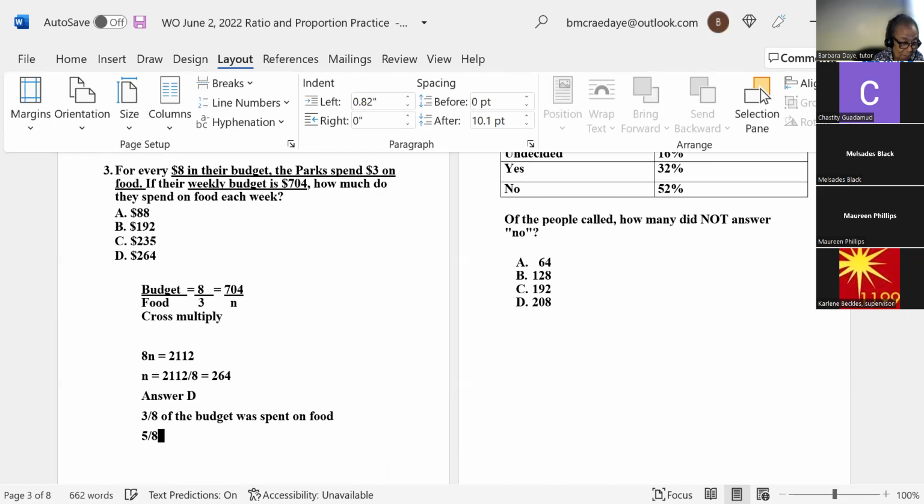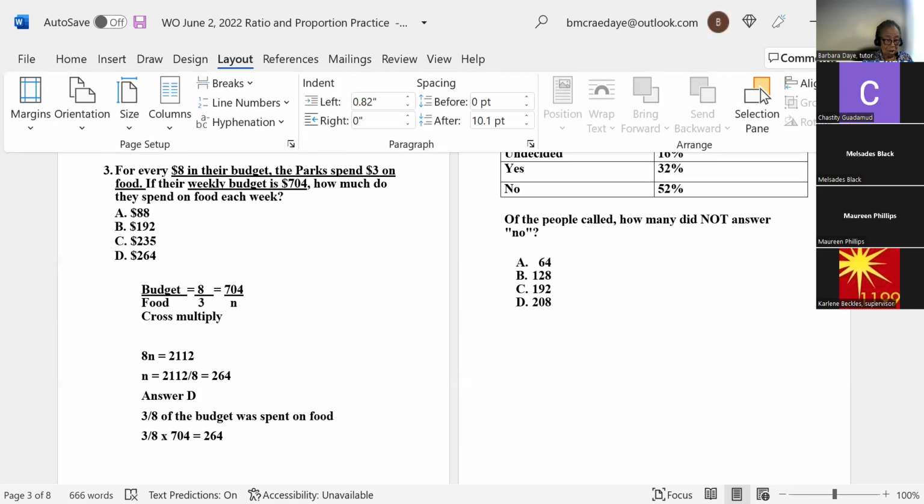Take that 3/8 fraction and multiply it by the 704. Don't you get the same answer? Yeah, 264. So that's another way of doing it. Because remember, we said the ratio is a fraction.